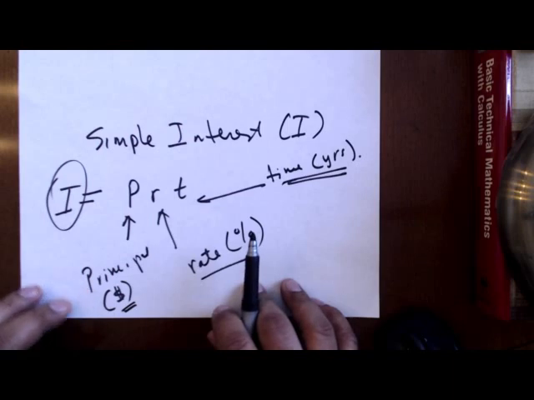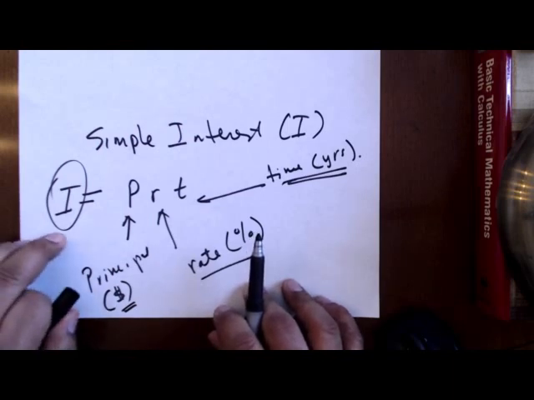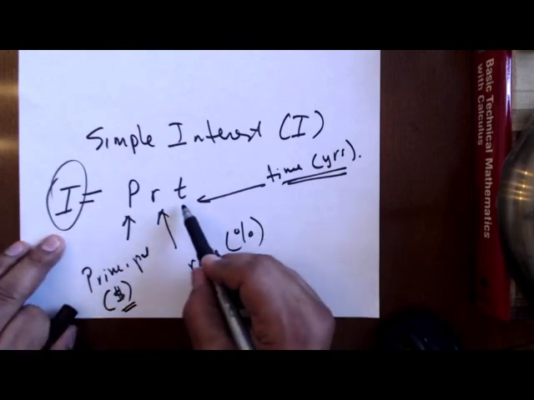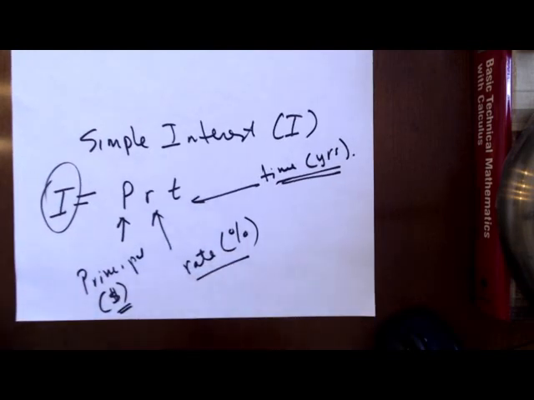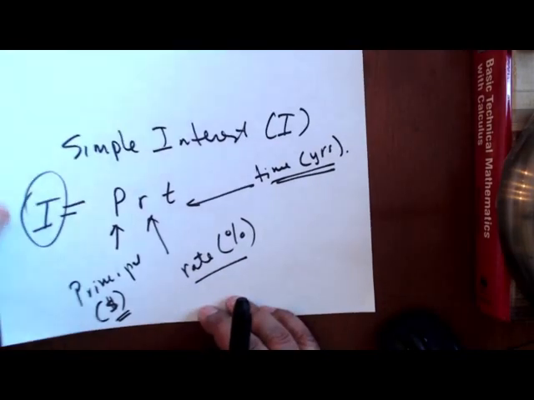You're already familiar with this formula. Make sure that you remember that the time is given in years. The problem can be presented to you so that the loan is given in months. It could be 36 months, 30 months, 46 months, and so forth.